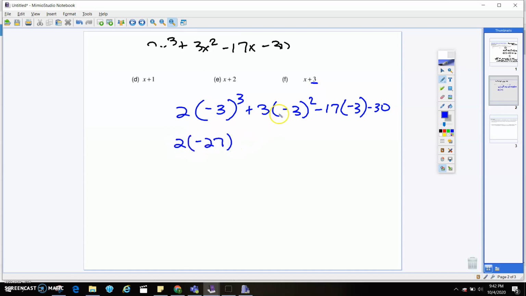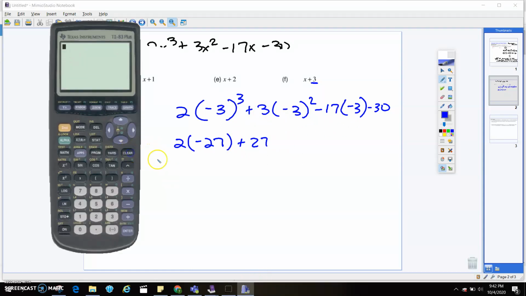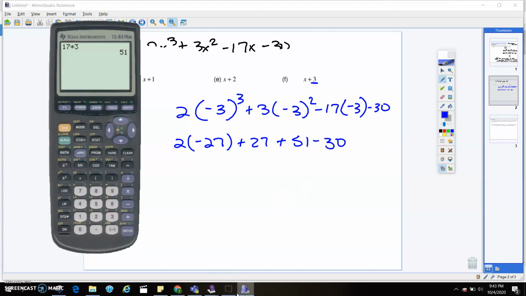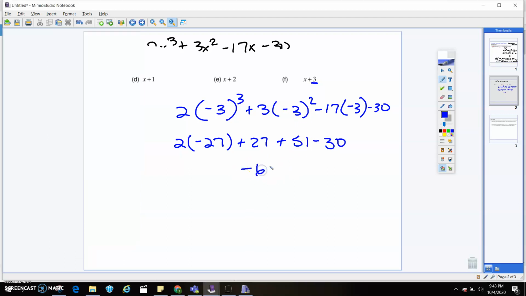I'm going to get 9 times 3, which is positive 27. And I'm going to use a calculator because y'all know it's late and math is tough. 2 times negative 27, that's going to give me negative 6. Cool?